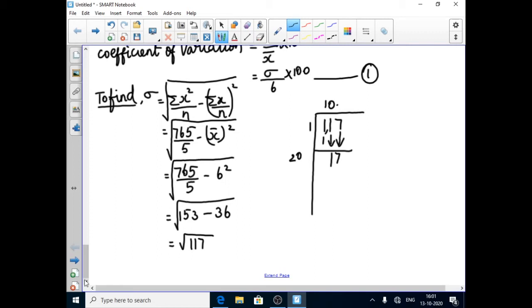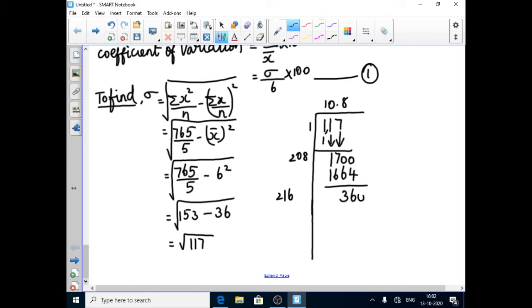Now add the zeros, only a pair of 0s should be added. So 1700. Now multiply this one by 20. If you put 8 times, 8 8s are 64, 8 2s are 16. Now subtracting, the answer is 36. Now multiply by 2. So the answer is 260.